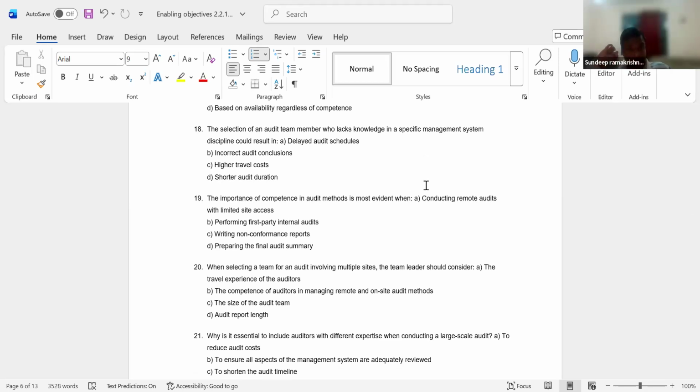Suppose one auditor is asked to describe the audit method, and that audit method can be assessed only when he conducts an audit, like internal audit or external audit. Here we have to see the competency of an auditor who can perfectly describe the audit method for any organization. So method we can justify only by performing, whether it is internal or external.